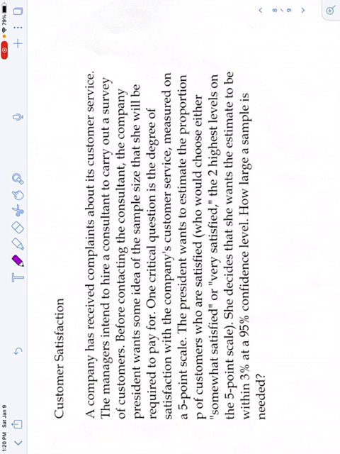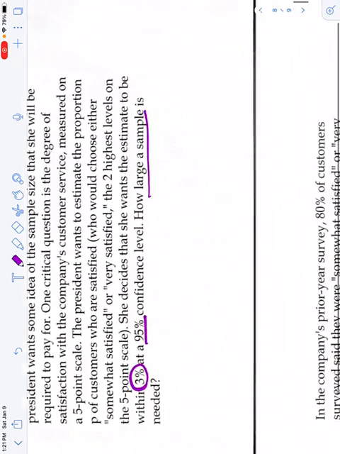The president wants to estimate the proportion P of all his customers who are satisfied. So who would either choose a somewhat satisfied or a very satisfied on that 5-point scale, the two highest levels on the 5-point scale. She decides that she wants the estimate to be within 3% at a 95% confidence level. How large of a sample is needed?